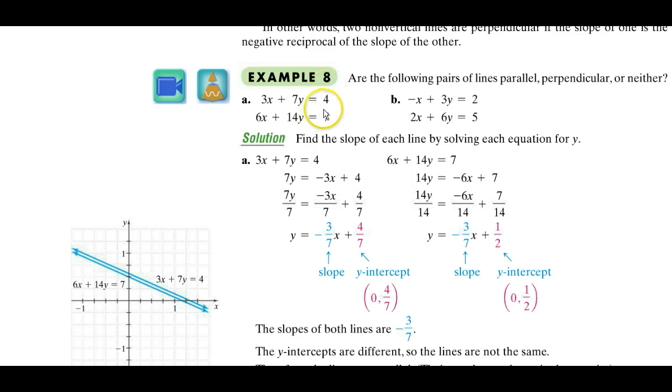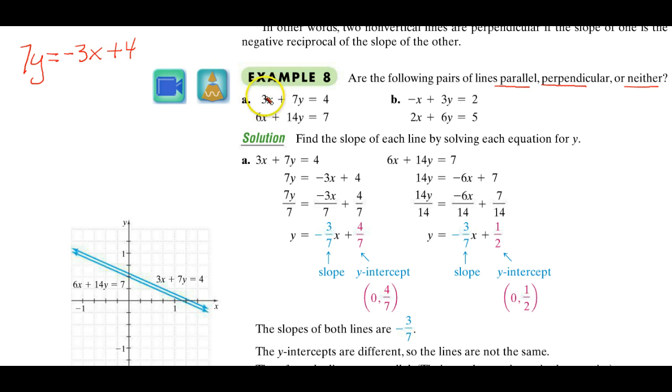So for example 8, what is the strategy of determining whether these lines are parallel, perpendicular, or neither? The answer is you need to compare the slopes. Now, both of these examples in A are in standard form. So what you would do is solve for y. 7y equals -3x plus 4.